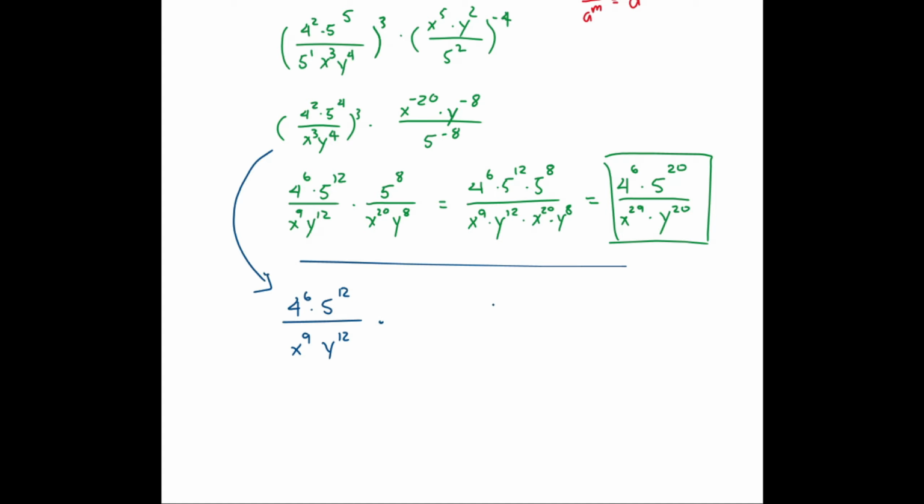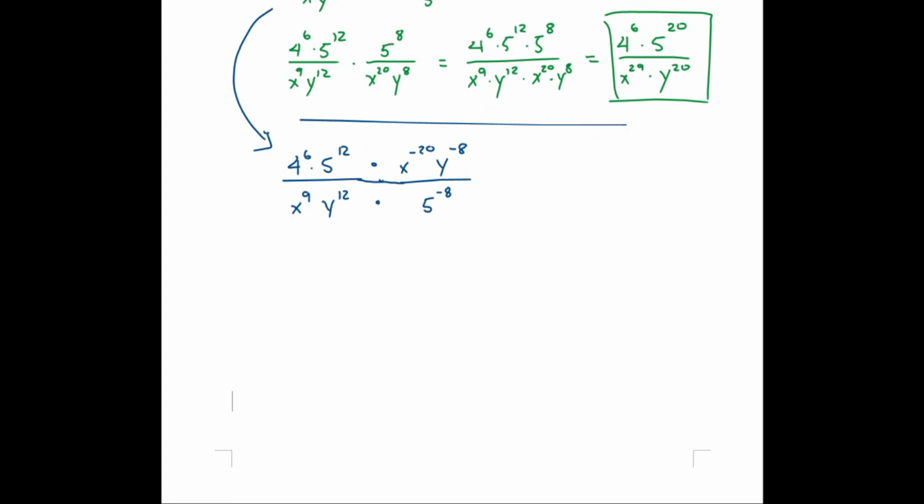And here we have what? X to the minus 20, y to the minus 8 over 5 to the minus 8. So we multiply the numerators together, we multiply the denominators together, right? Instead of rewriting everything, you could just connect these two fractions here and put a multiplication sign, okay?